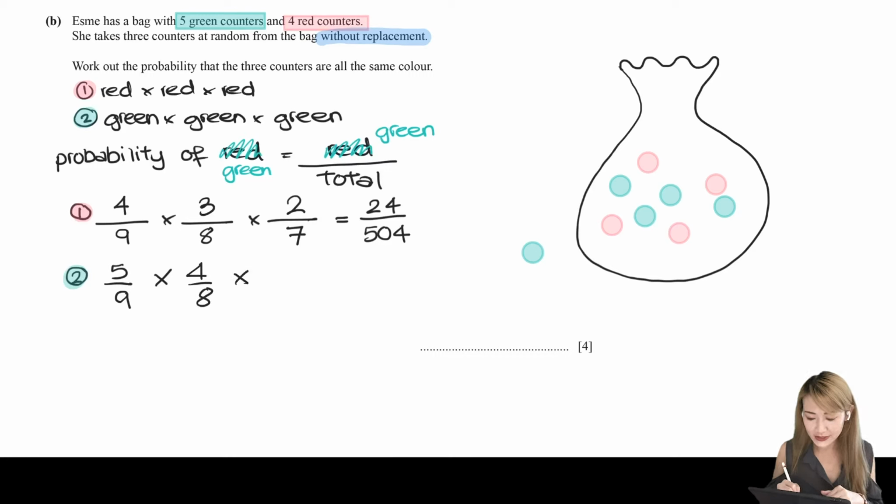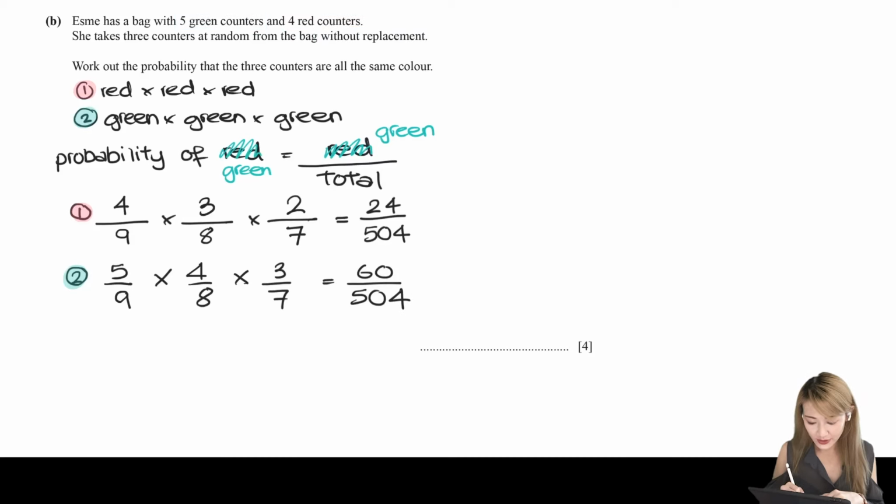And then the probability of taking a third green counter after you remove another green counter would be 3 over a total of 7 counters left. So that will equal 60 over 504.